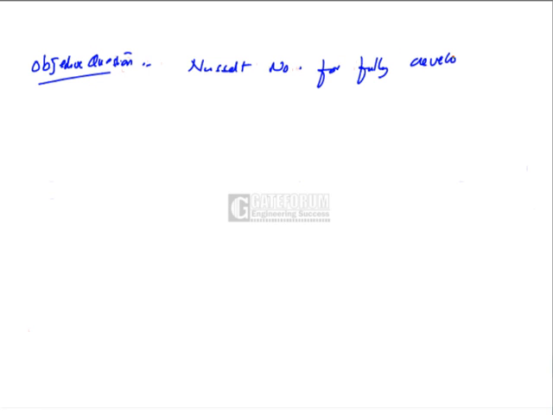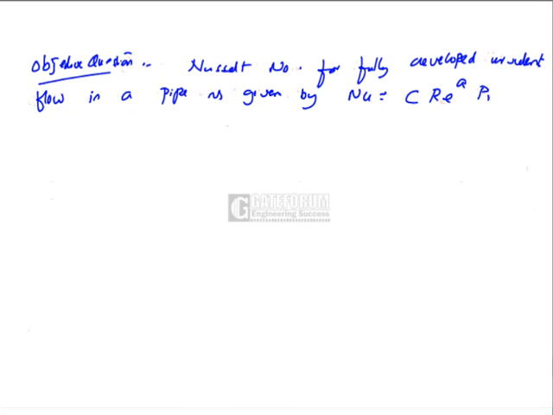I shall solve another objective question. Nusselt number for fully developed turbulent flow in a pipe is given by Nu is equal to C Re to the power of A Pr to the power of B, where Re and Pr are Reynolds number and Prandtl number respectively.